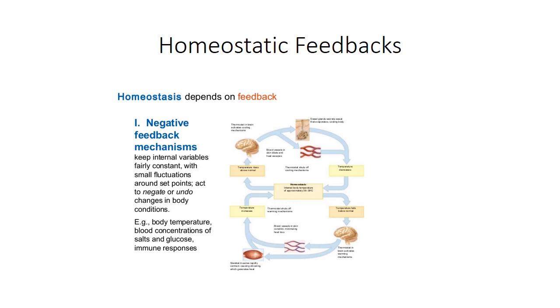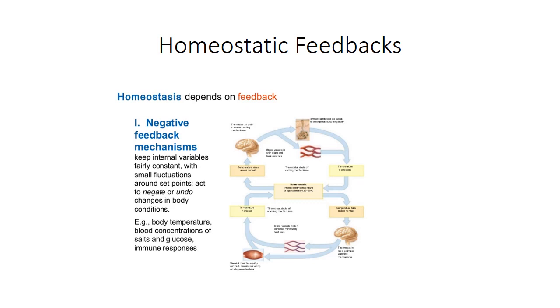Now, homeostasis depends on feedback. It remains normal when these feedback mechanisms work. Most feedback mechanisms in all vertebrate organisms, including human organisms, are negative feedback mechanisms. So basically, they negate, or liquidate the disturbance.